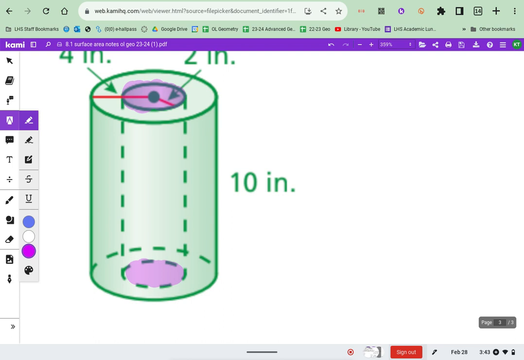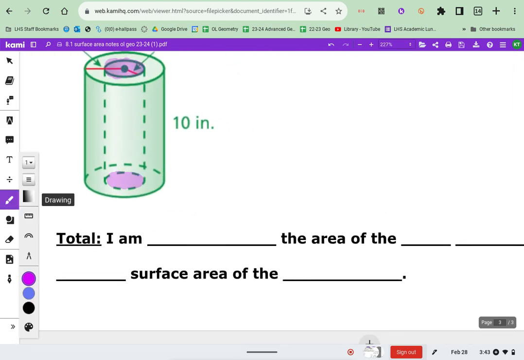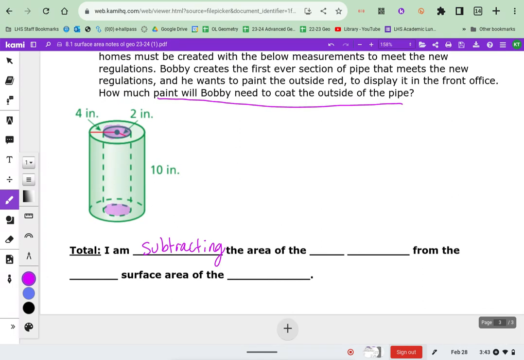Okay, so we are going to be subtracting the area of the 2 circles, because there's one on the top, one on the bottom, from the total surface area of the cylinder.